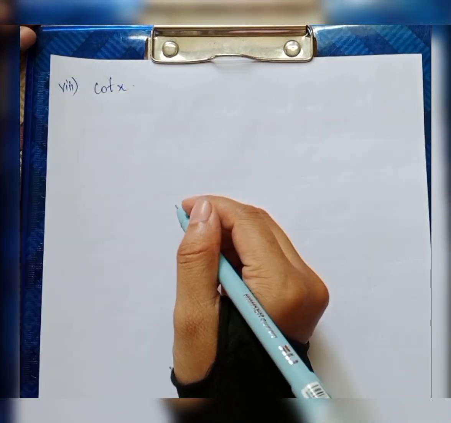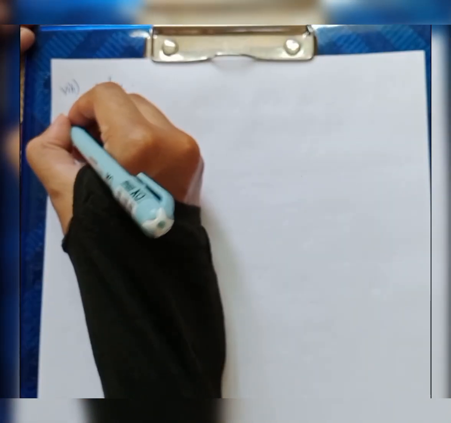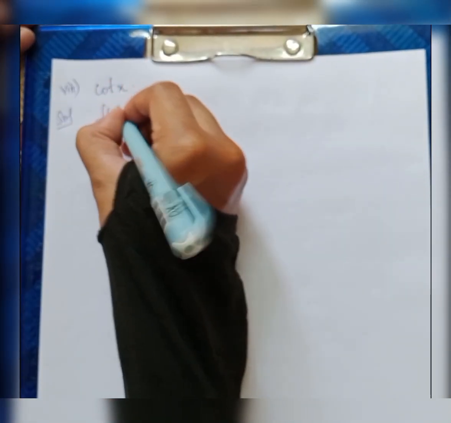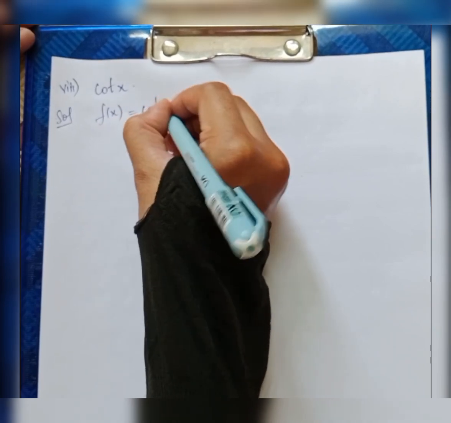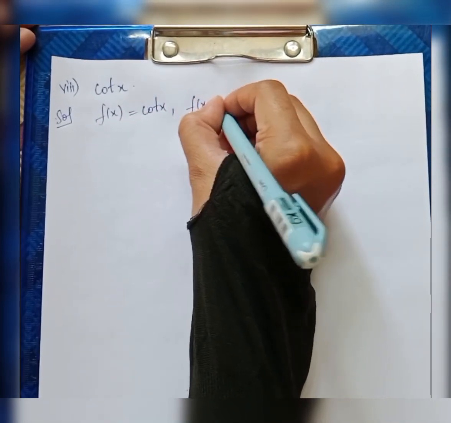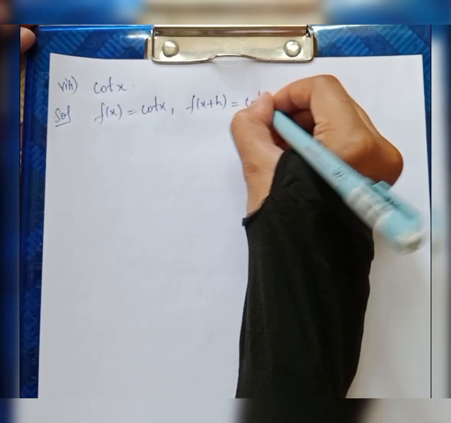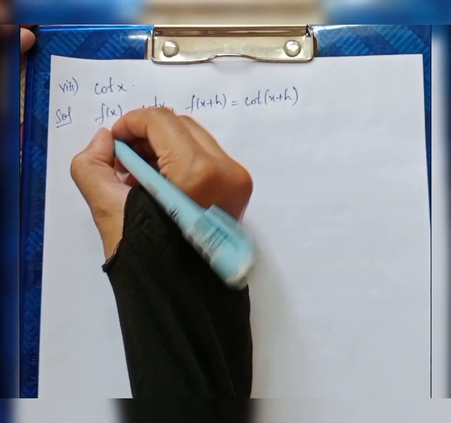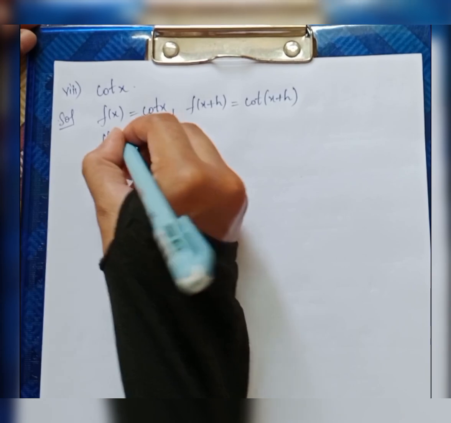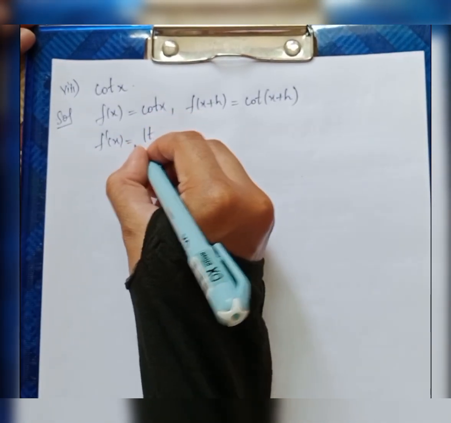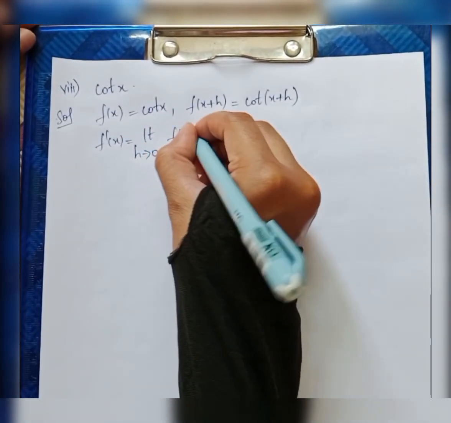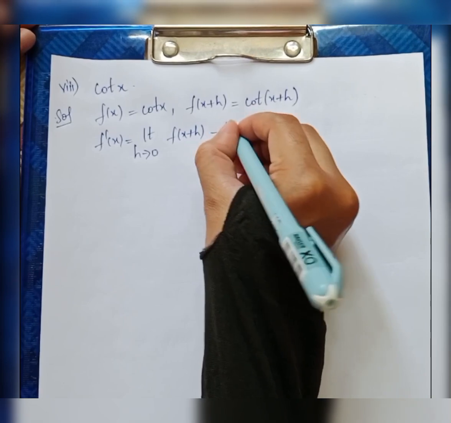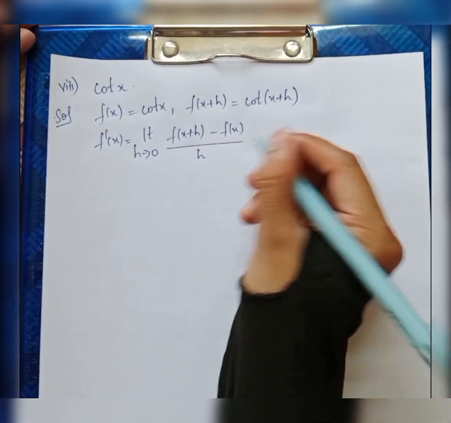So our next function is cot x. Given f of x is equal to cot x, f of x plus h is equal to cot (x plus h). Okay, now writing the formula, f dash of x is equal to limit h tends to 0 (f of x plus h minus f of x) by h.